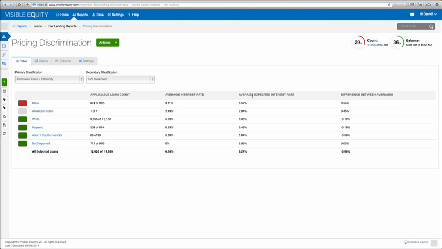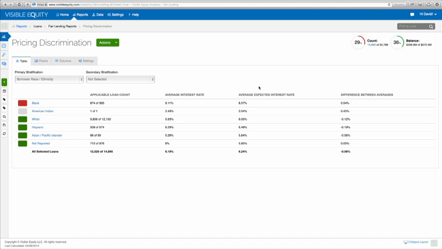You want to not analyze it in that particular way. You want to analyze it after controlling for your underwriting criteria. So as you look at the next column, average expected interest rate, that's the way in which you're analyzing for pools of borrowers that have like underwriting criteria.